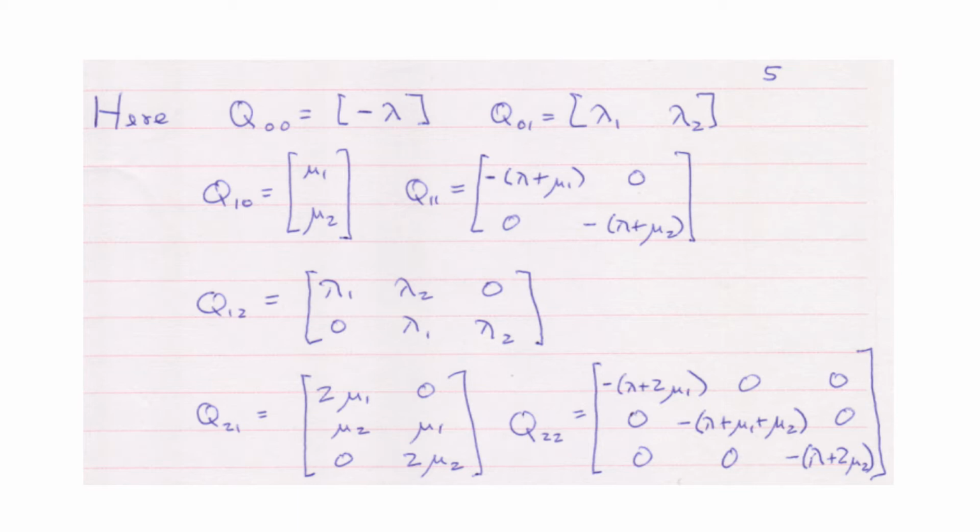The matrix Q10 is a 2 by 1 matrix that consists of entries mu1, mu2. The matrix Q11 is a 2 by 2 matrix. It has diagonal entries as we see here.